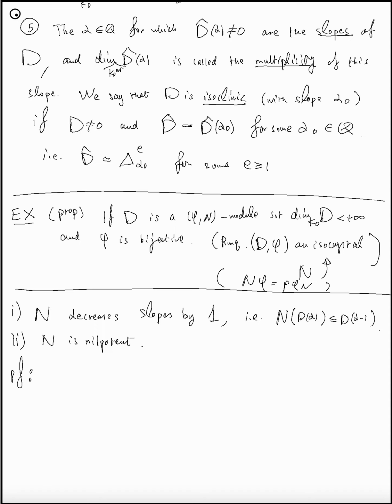And this finer condition on Frobenius tells us some information about the monodromy because this is a phi-N module. So N phi equals p phi N. So that's the basic idea. Let's see how to write the proof. So let's say we take an element from this phi-N module over K, so let's consider a phi-N module over K.